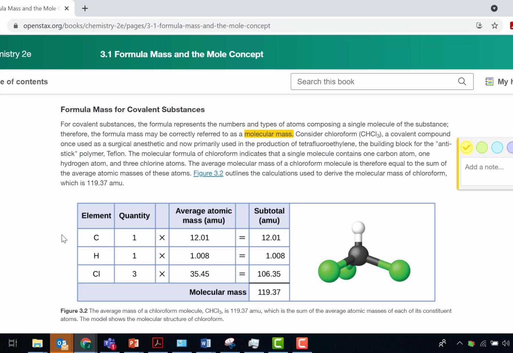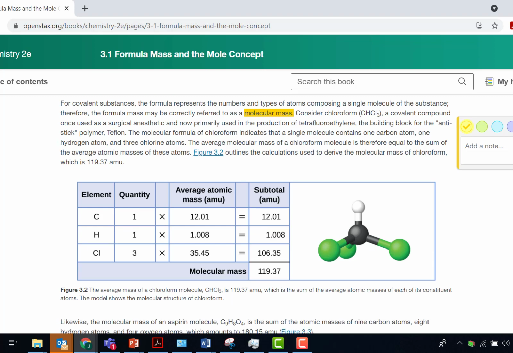So from the formula, we have C, we have H, and we have Cl. So part of that is recognizing, okay, that's three different things. And then how many do we have? We have one of this, three of this. And then what we do at that point is look up the average atomic mass from the periodic table. So again, that is the number below the symbol of the element.